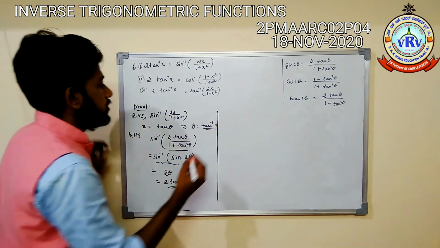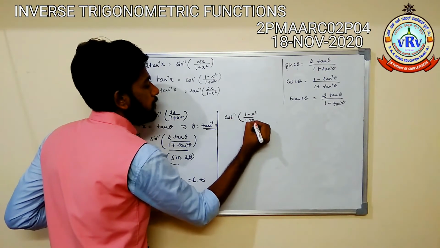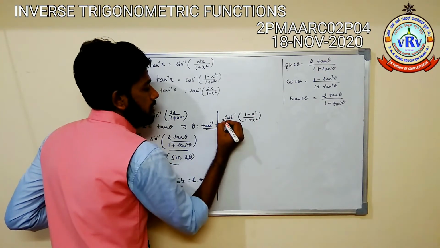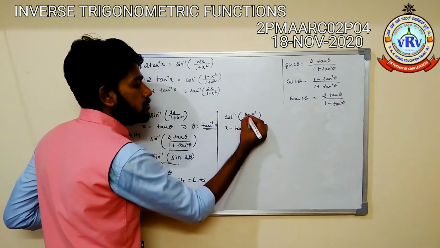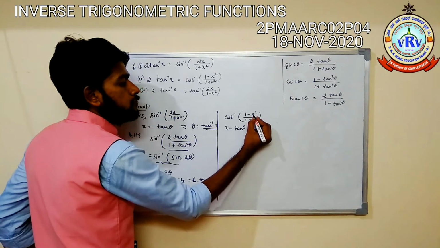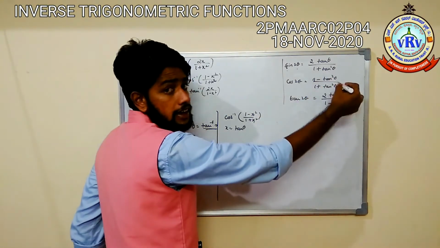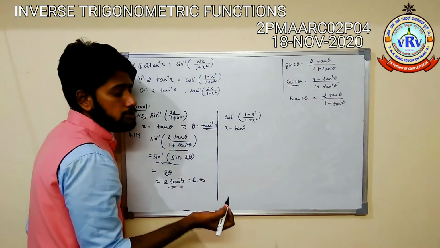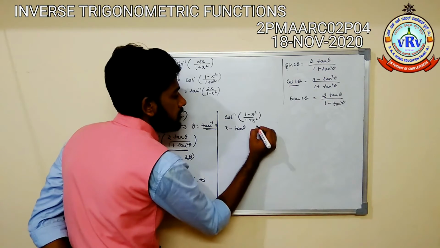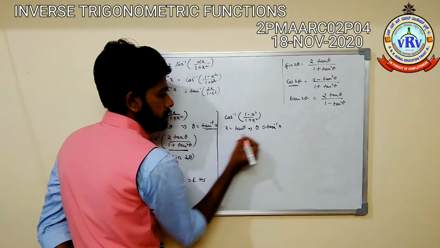Similarly, I can prove here: take cos inverse of (1 minus x square) divided by (1 plus x square) and replace x as tan theta, because inside the bracket if we replace x as tan theta, we get the RHS of this expression. So theta is equal to tan inverse of x.